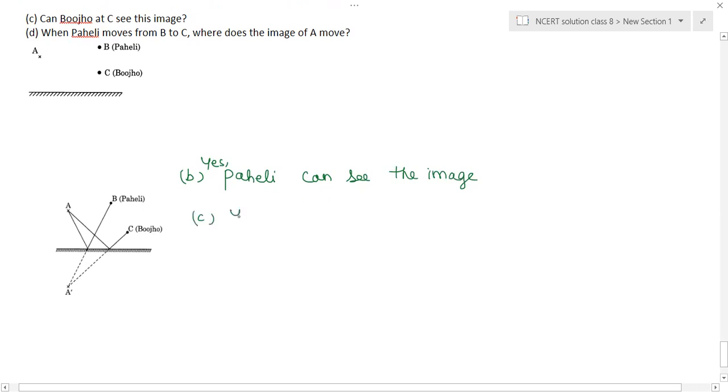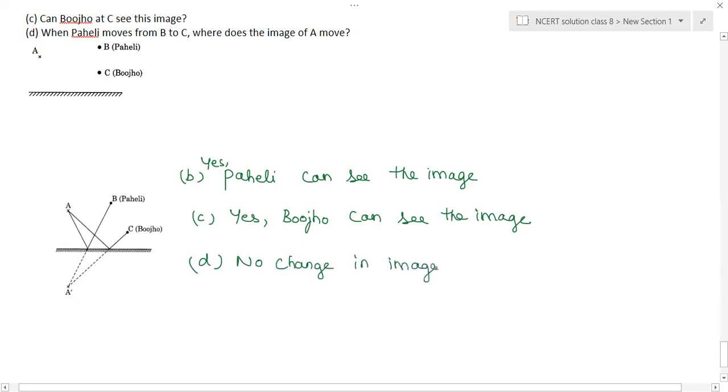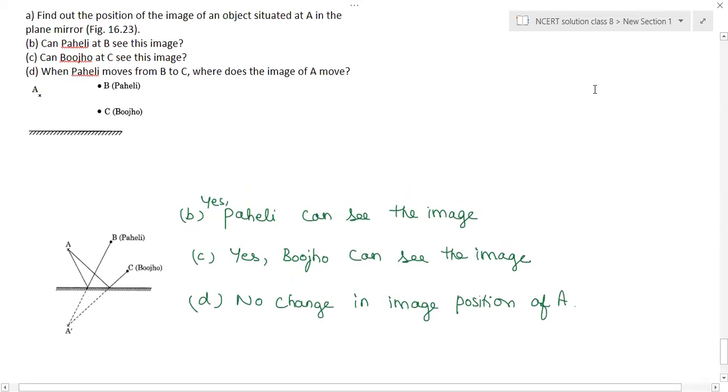See, yes, Bujo can see the image. And D, no change in image position of A. Can Paheli see the image?